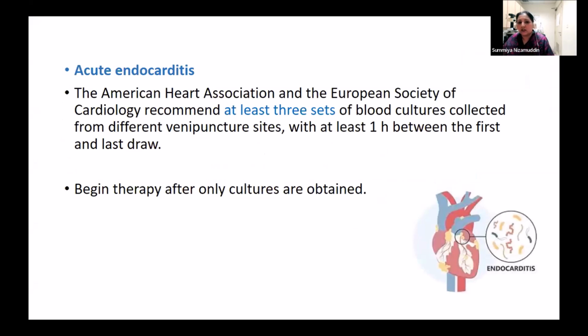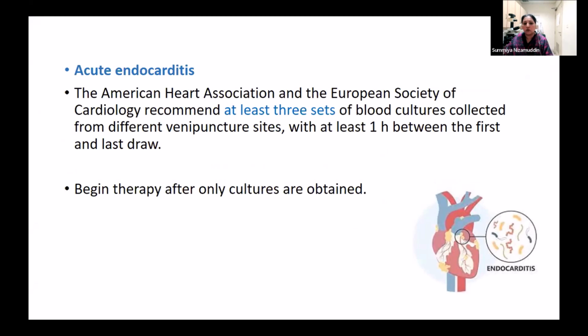Then in cases of endocarditis, what is the recommendation? The recommendation is that at least 3 sets of blood cultures should be collected from 3 different sites if you're suspecting endocarditis, and the time difference between these 3 blood cultures should be at least 1 hour. So an easy way is to draw one blood culture every half hour, and then this criterion is fulfilled if you're suspecting endocarditis.